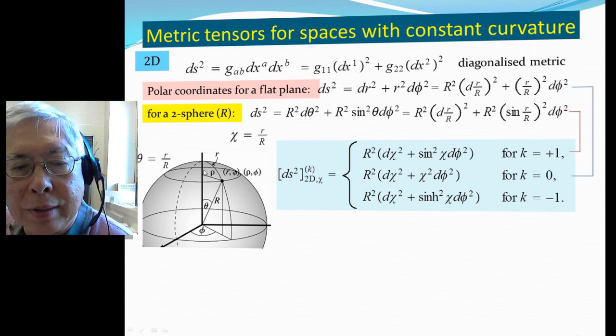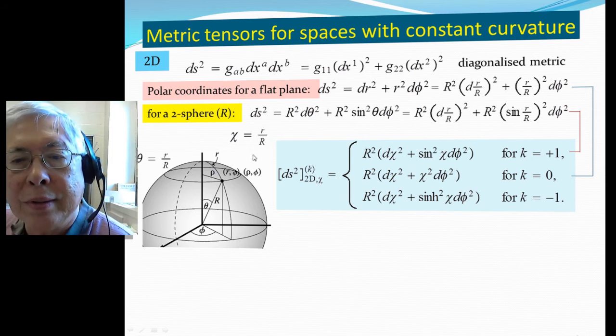This is the polar angle, defined to be the ratio of the arc length divided by radius, and then this can also be written this way. So this is this expression here, and it turns out for the pseudosphere, they simply change sine to hyperbolic sine.